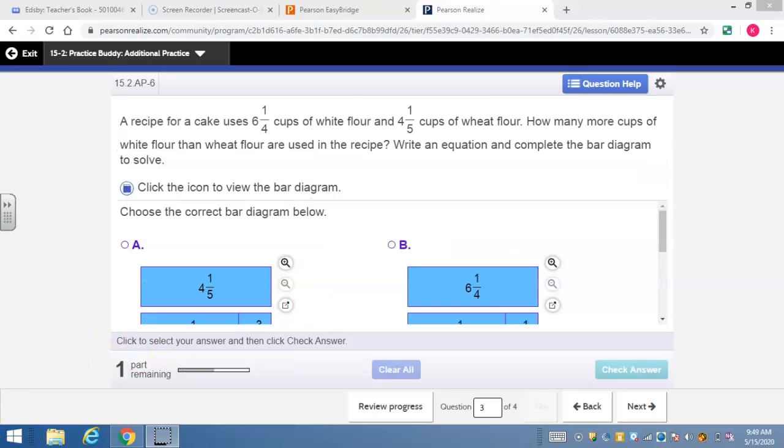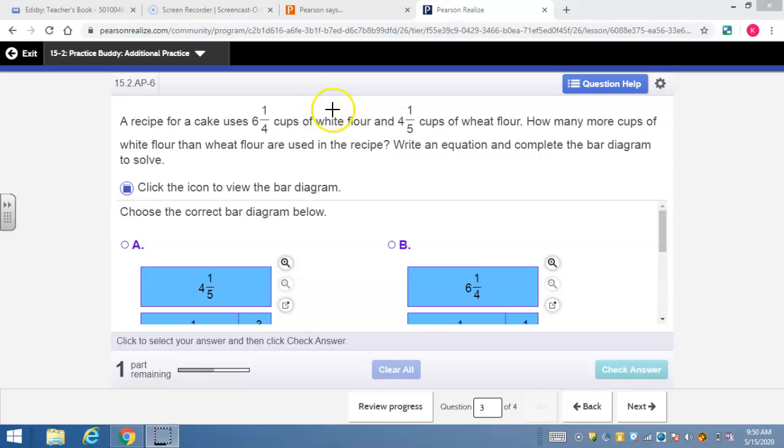A recipe for a cake uses 6 1/4 cups of white flour and 4 1/5 cups of wheat flour. How many more cups of white flour than wheat flour are used in the recipe? Write an equation and complete the bar diagram to solve. All right, so we have to figure out what our question is asking us.